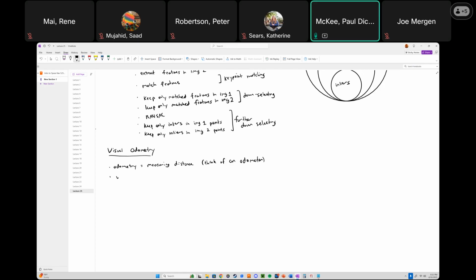So visual odometry is estimating change in state using before and after images.